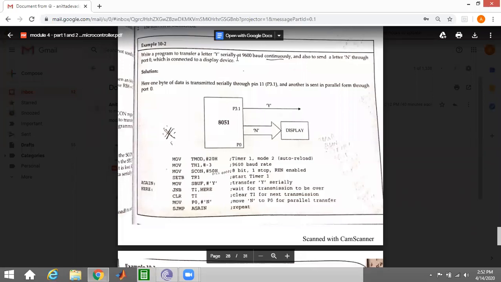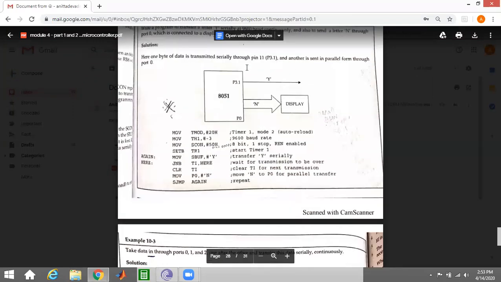The second is to transfer the data N parallelly, through the port. Whatever you send this way is parallel communication, connected to the display device. Understood the question?